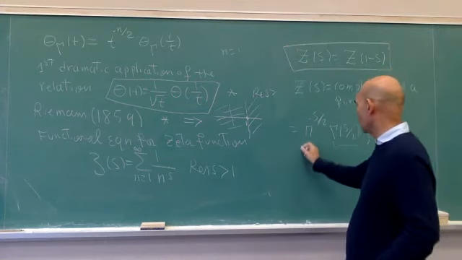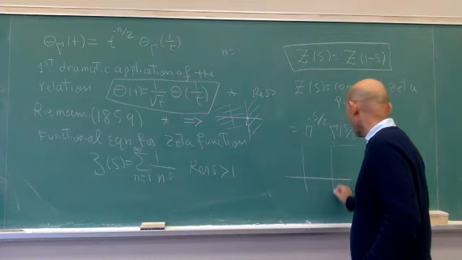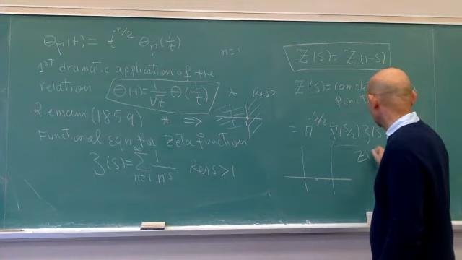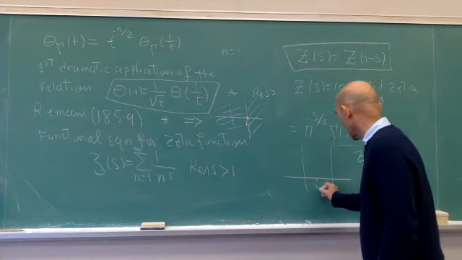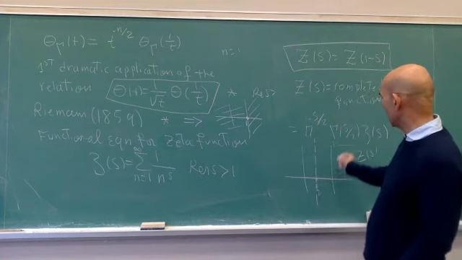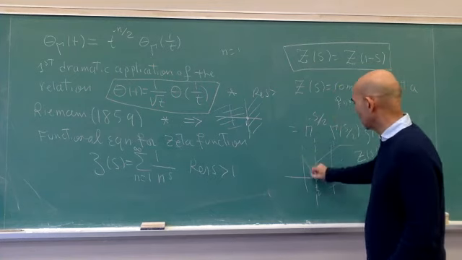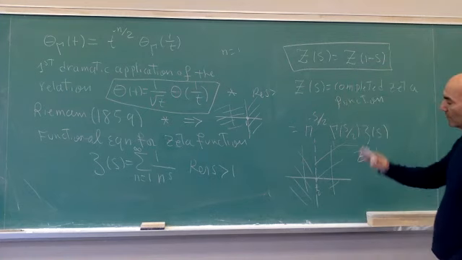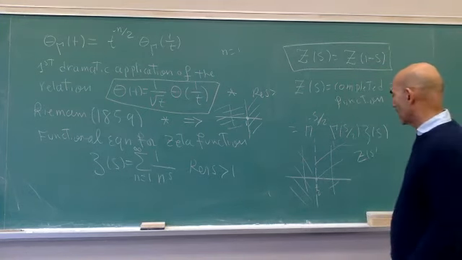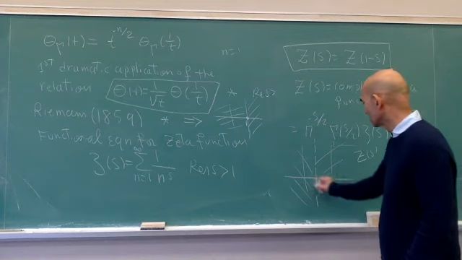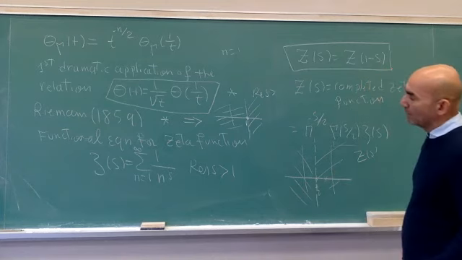So that formula implies that this function z of s around s equal to 1/2 is symmetric. Its values here and here are completely determined by each other.